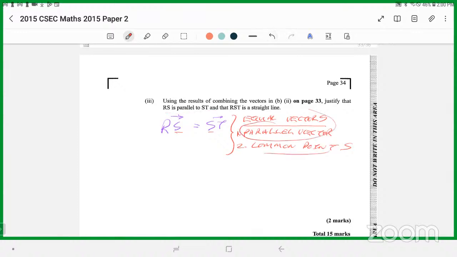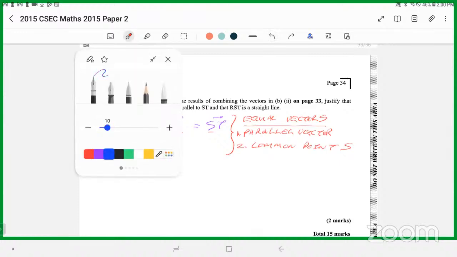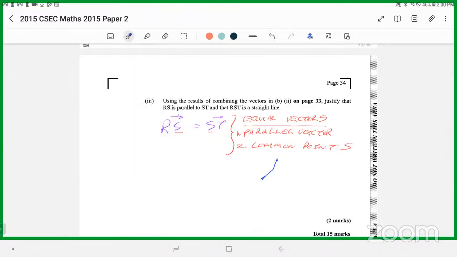And because of the common point, they are also collinear. Therefore, RS is parallel to ST and the points are collinear. RST is a straight line.